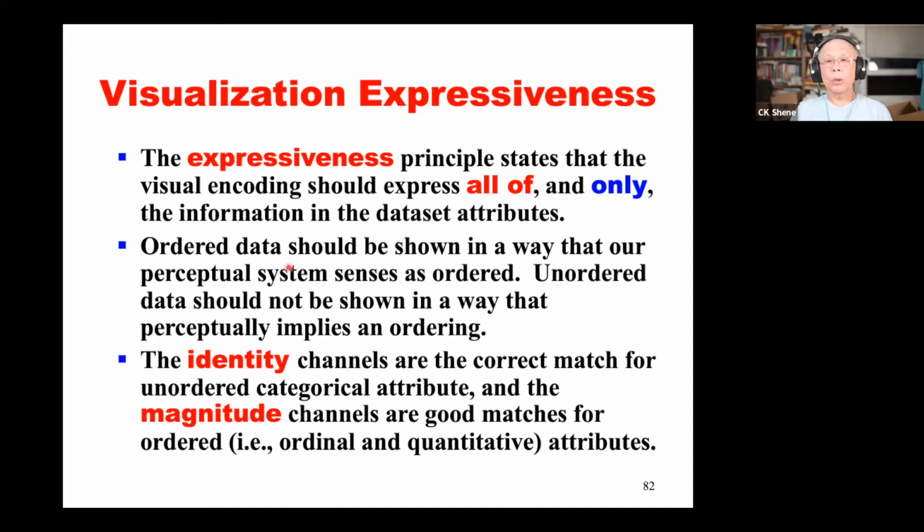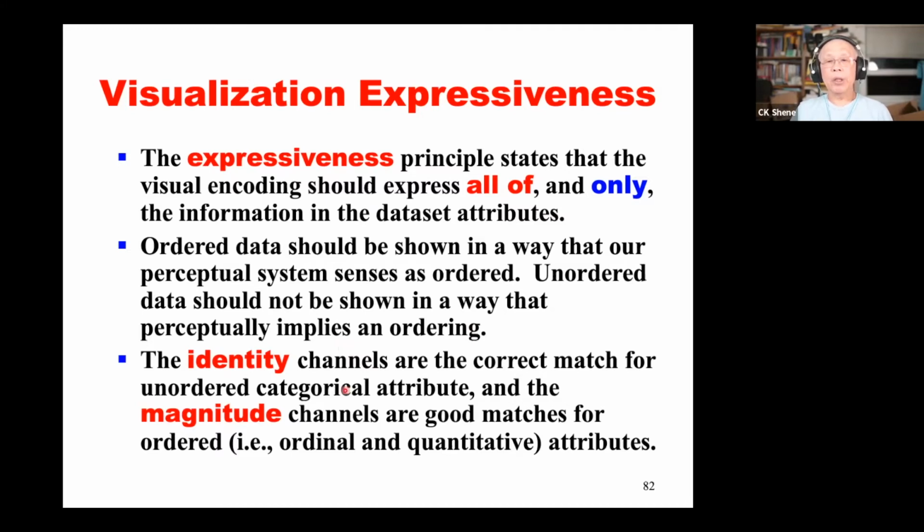So ordered data, like a numerical value, say body weight measurement, should be shown in a way that our perceptual system senses as ordered. Unordered data should not be shown in a way that perceptually implies an ordering.